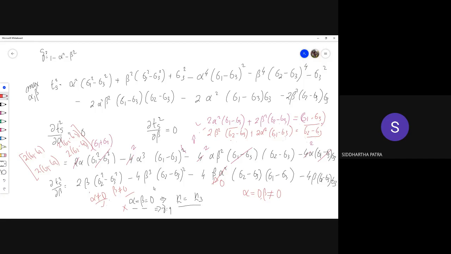Or for that matter, you can actually work with this equation. Simply see, this 2 is not from here, this 2 is actually from here. So on this second equation, the first equation would never come, because you cannot divide either side of it with alpha, because alpha equals 0, so the entire thing is 0.